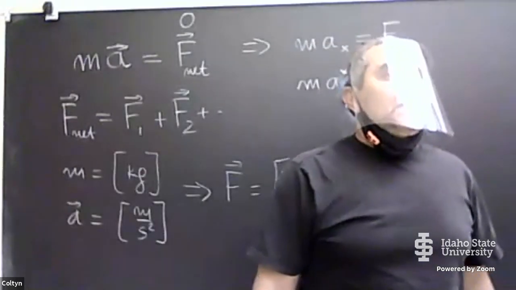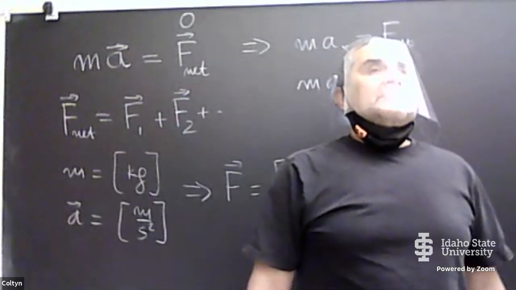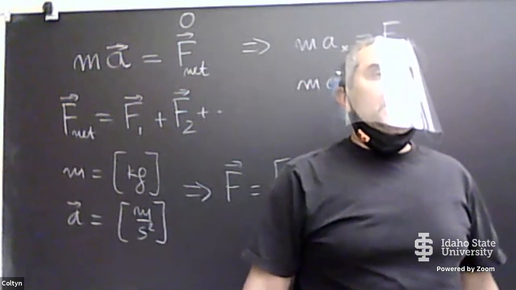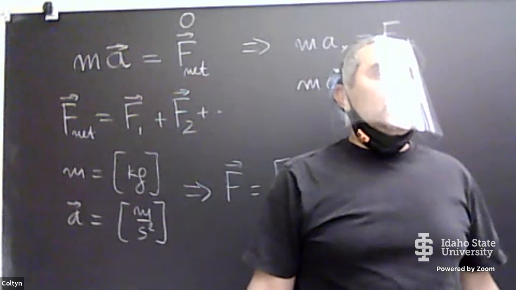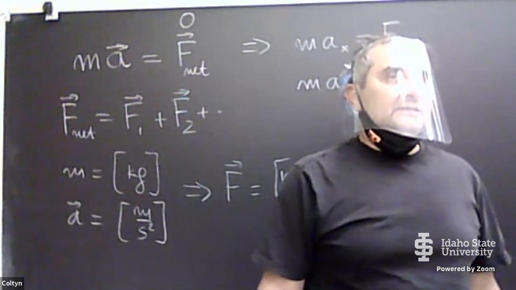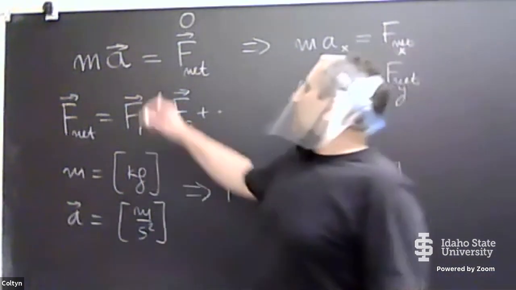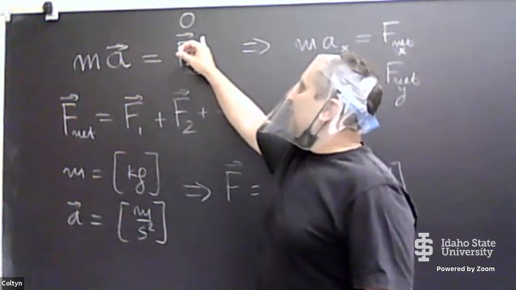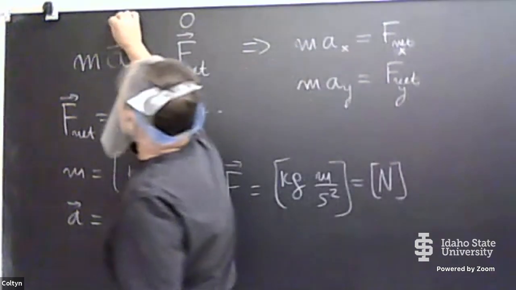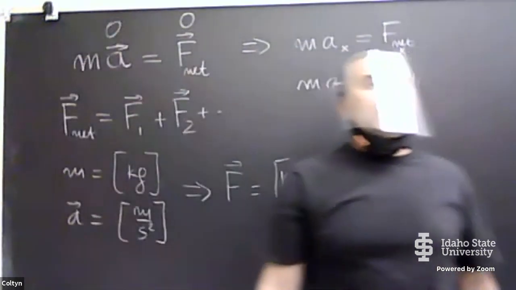By definition, masses are non-negative numbers. They cannot be negative, and actually they cannot also be 0 in the classical context. So if we say that the net force acting on an object is 0, this immediately implies that the acceleration of that object is 0.